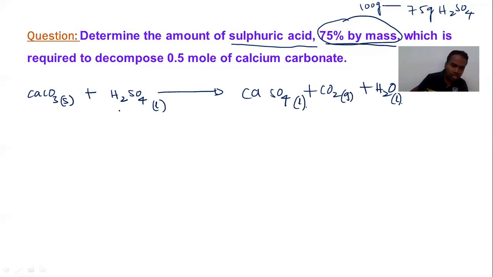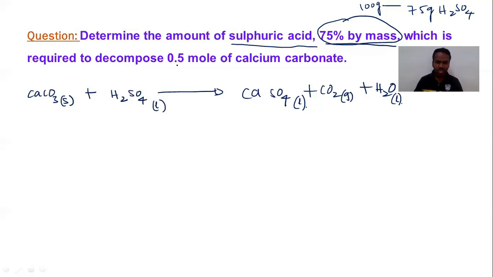So this is the chemical reaction. Before applying the stoichiometry, we need to balance this chemical reaction. Let us check whether it is balanced or not. Calcium, 1 calcium. Sulfate units are 1, here sulfate units are 1. 1 carbon, 3 oxygens, remaining also 2, 1, 3 oxygens completed. So this equation is already balanced.